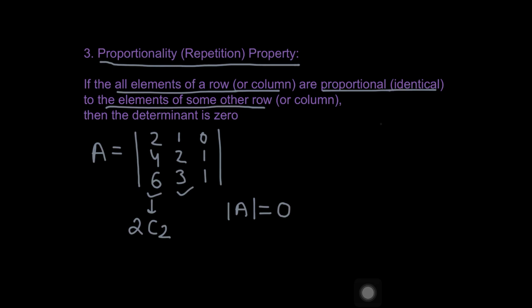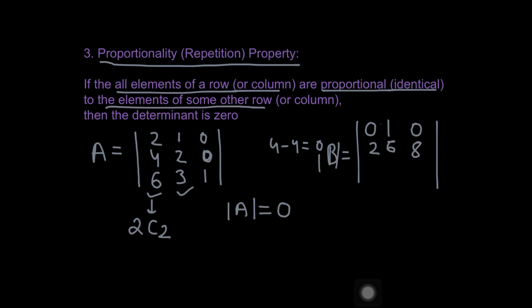You can find it also. Let's make it 0. So the determinant, if we find it along this row, will be 4 minus 4, and it will come out to be 0. The same way, in rows also, suppose B is another matrix and you're finding the determinant of B, and here one of the rows is 2, 6, 8, and here it is a multiple of this.